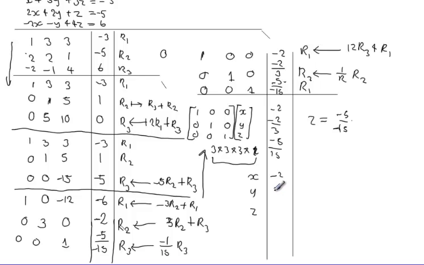Minus 2 over 3, then minus 5 over 15. Therefore, our solution is x equals minus 2, y equals minus 2 over 3, z equals 1 over 3.